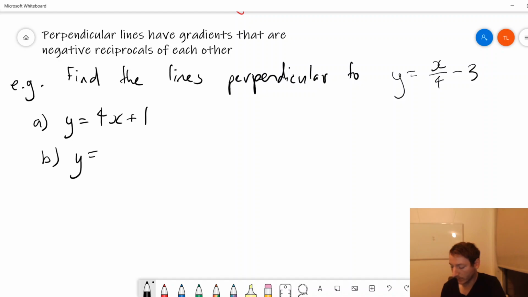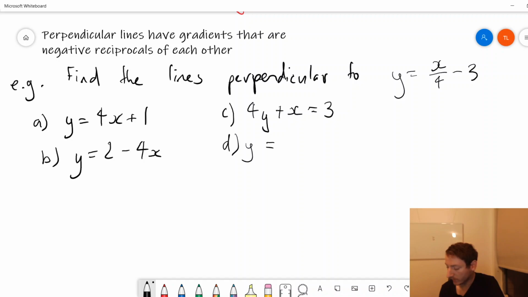So we've got y equals 4x plus 1, y equals 2 take away 4x, let's say 4y plus x equals 3, and y equals 4x minus 1/4. Alright, a few tricks in here.